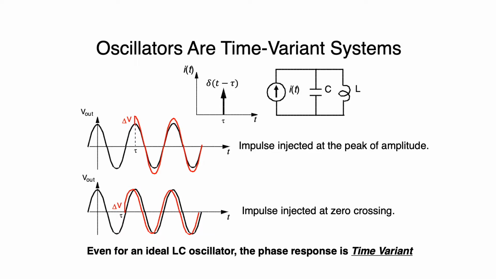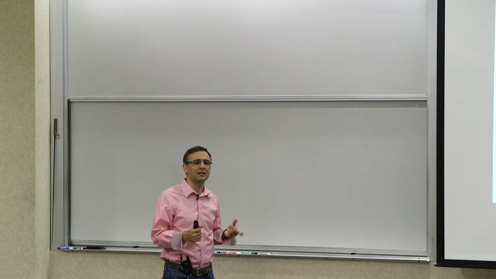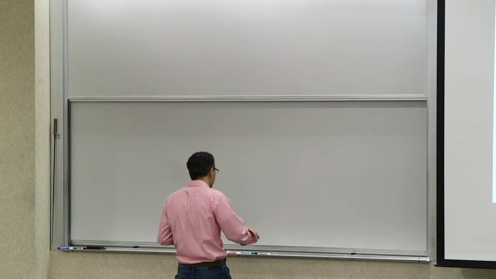Now imagine that you inject the impulse at a different time, let's say near the transition time. Now you can see that it induces a phase shift as well. And in fact, there is a point at which you can inject an impulse and change purely the phase and not the amplitude at all.